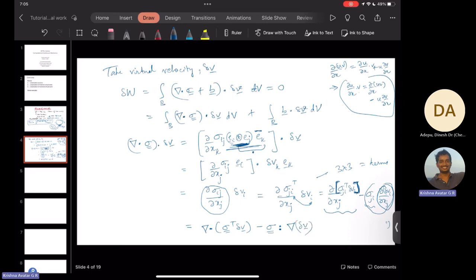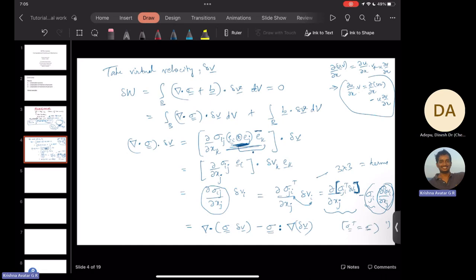Double contraction means you are summing over two indices, and that gives us a scalar. This is already a scalar, and as we were saying, sigma transpose is equal to sigma, so we can just remove the transpose.